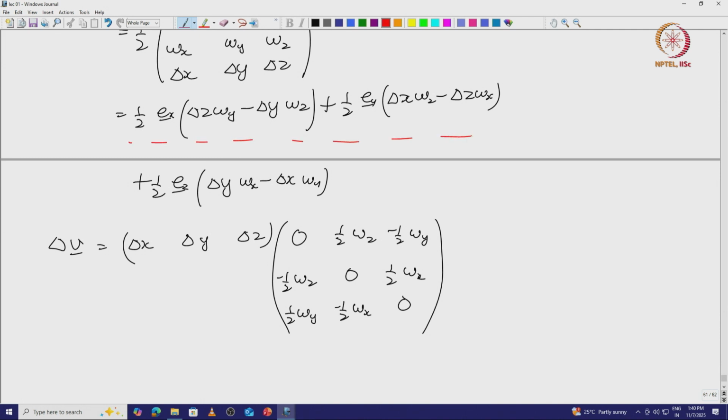Here I will have Ex, Ey, Ez for the components of the velocity.